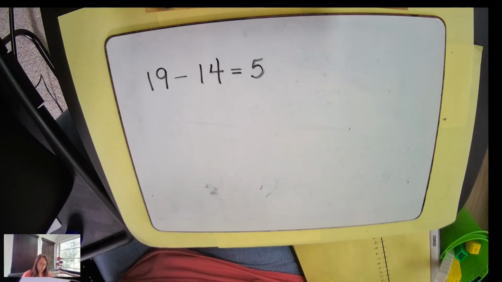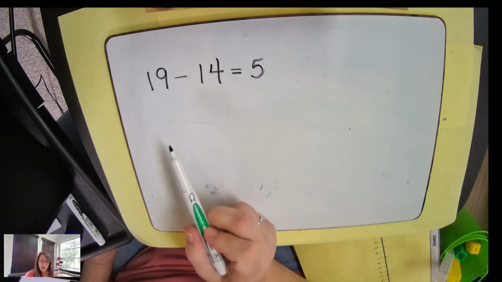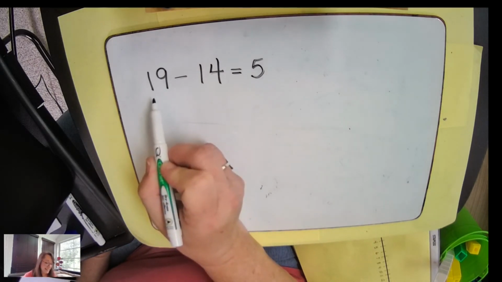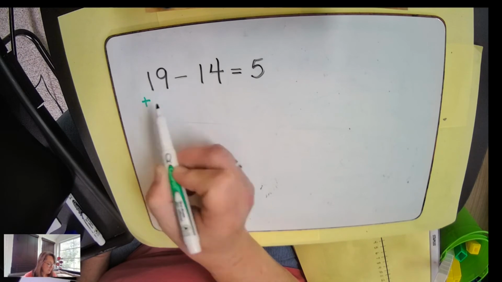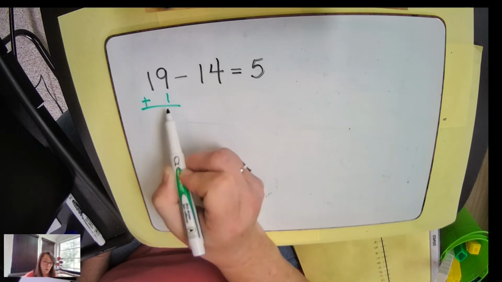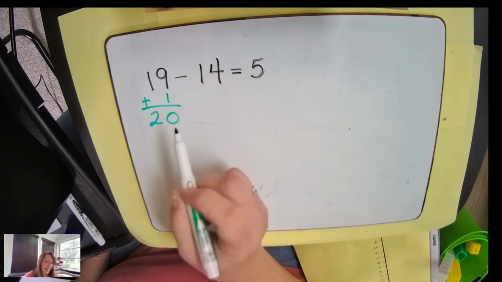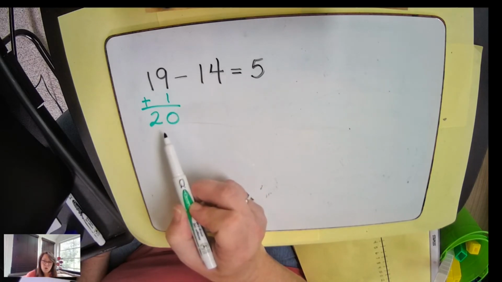Okay, so Susan says she wanted to make a friendlier problem. So by making 19 into 20, adding 1 to 19 to make it 20, she now has a multiple of 10.